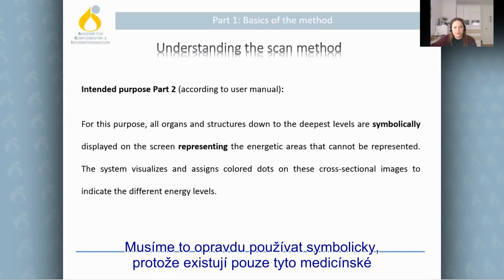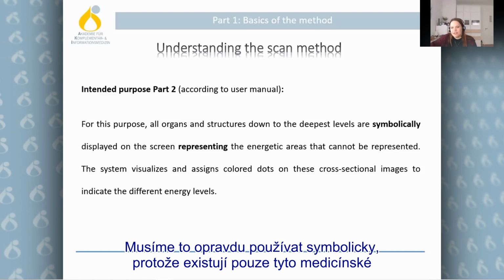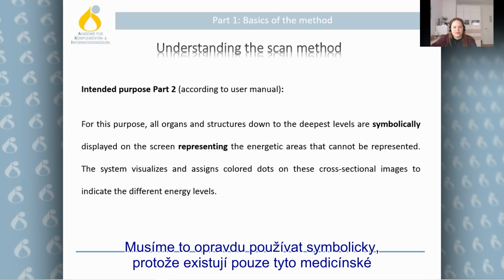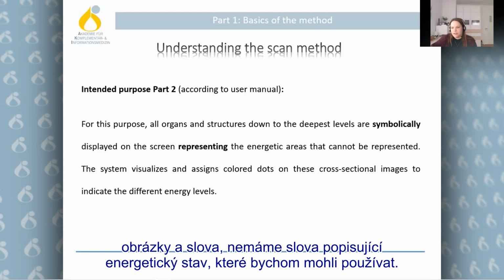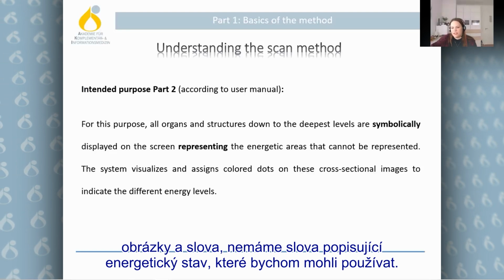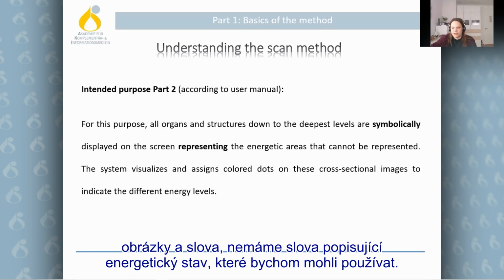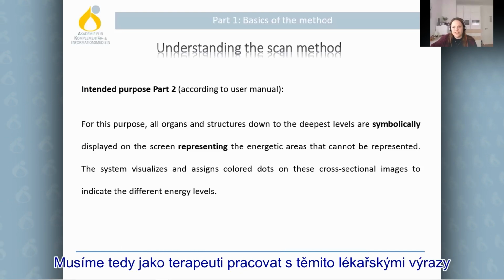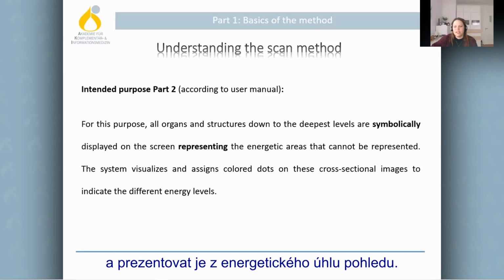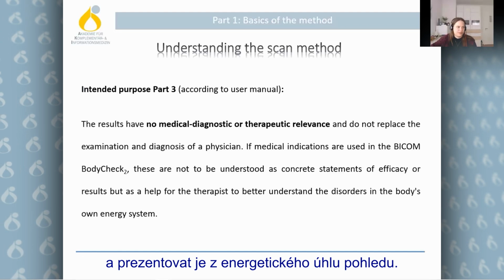So we have to use it symbolically, because we just have these medical pictures, medical words. We don't have these energetic words we can use in the system. So we have to deal with these medicine words and information, and to bring it into an energetic field. This is what we have to do as a therapist.